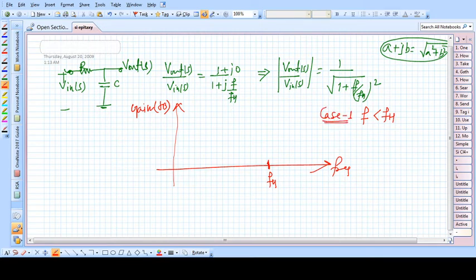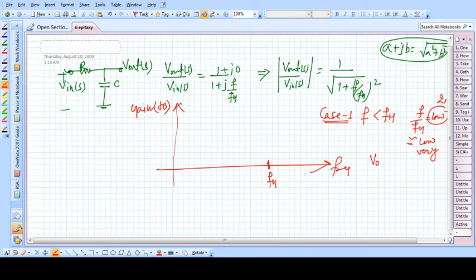When f is less than fh, so fh is high, the f by fh value will be low, and the square of a low value is also very low.